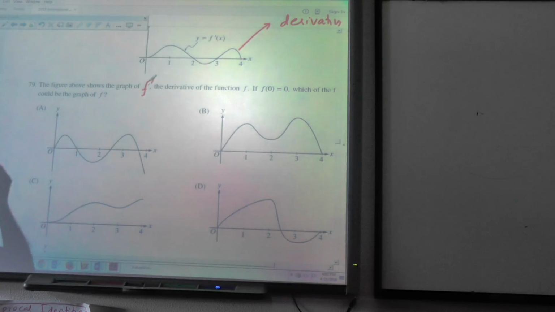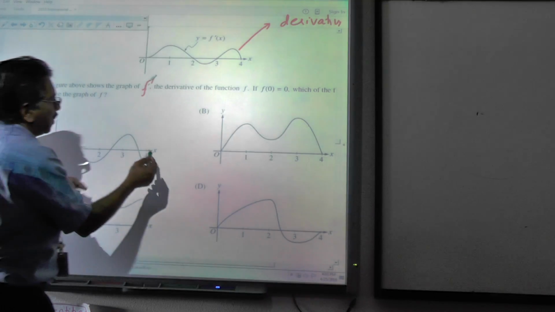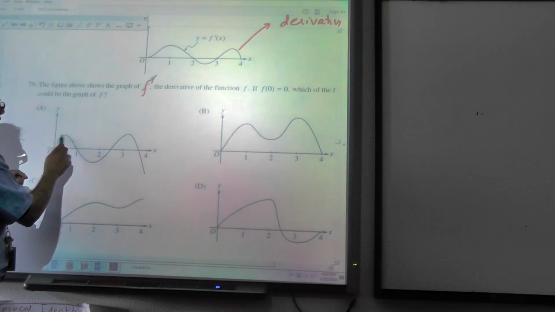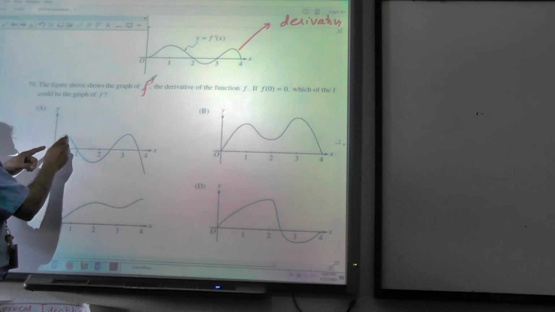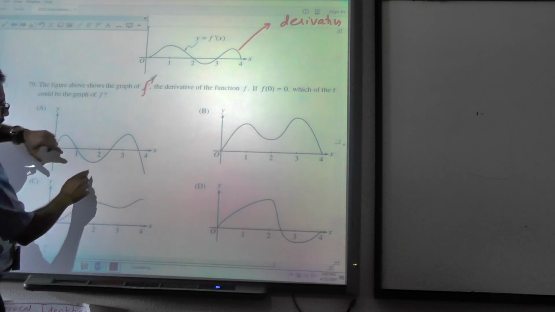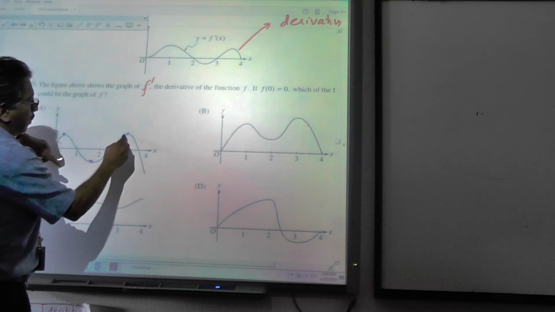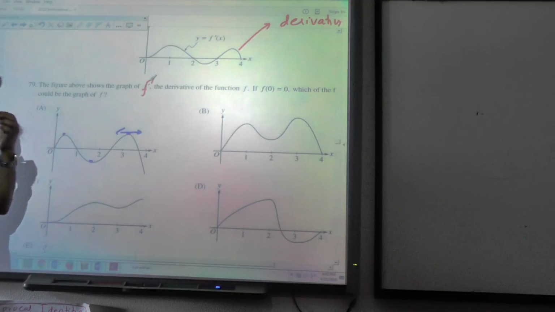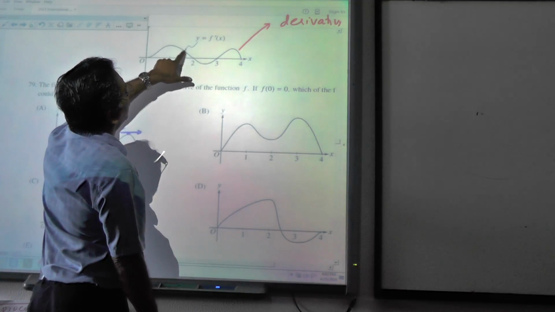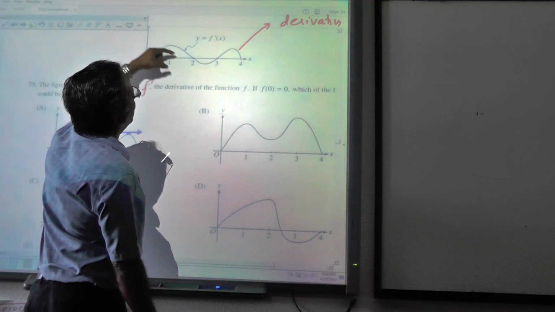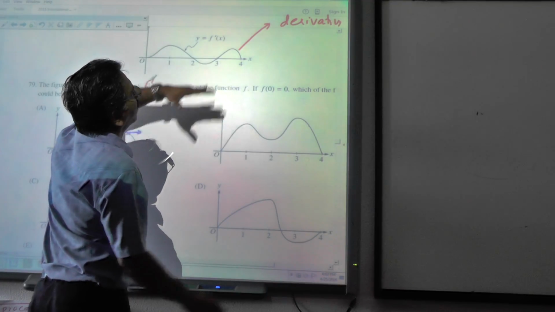Okay. The trick lies like this. First, always look for maximum and minimum. So see, when you assume these are the original functions, and if you want to draw tangents at the tips, the derivative is always 0. So we have to see in this example in which cases the tangent is 0, the graph crosses the x-axis.